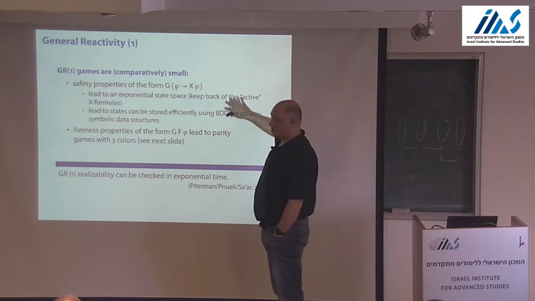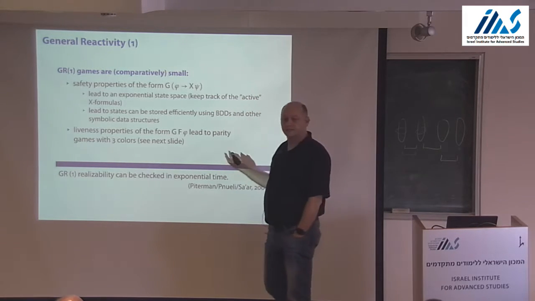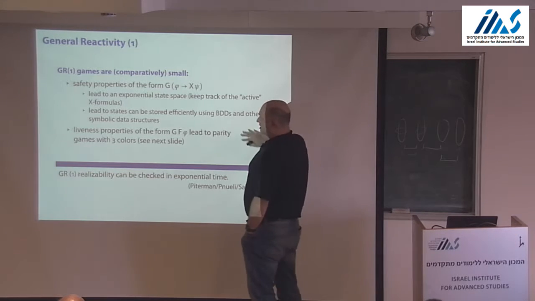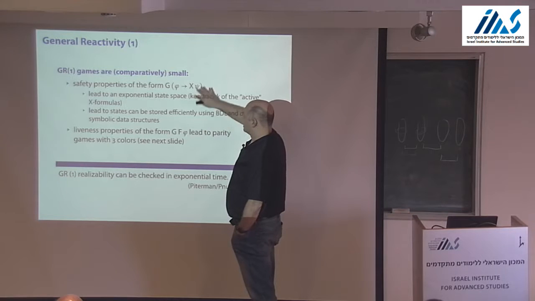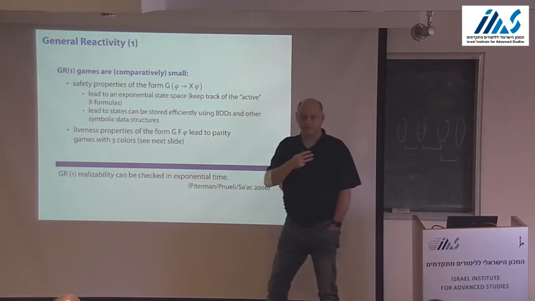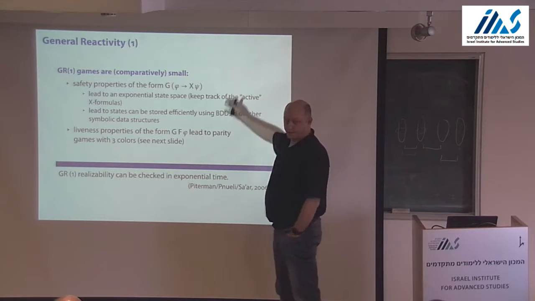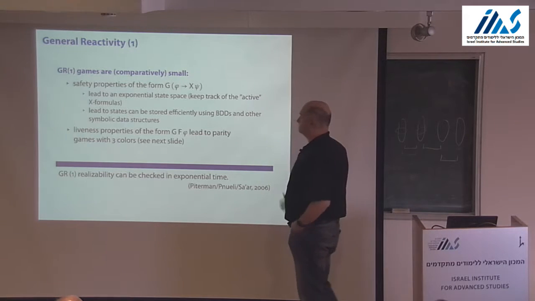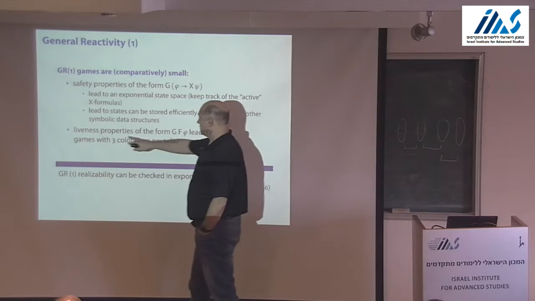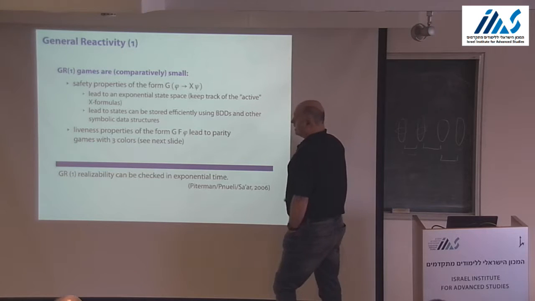But this is not so bad because sets of assignments can be stored efficiently in data structures like BDDs. In fact, many people argue that this is so easy that we should actually talk about the size of the game graph as the input, and then the game arena is of course considered to be linear.